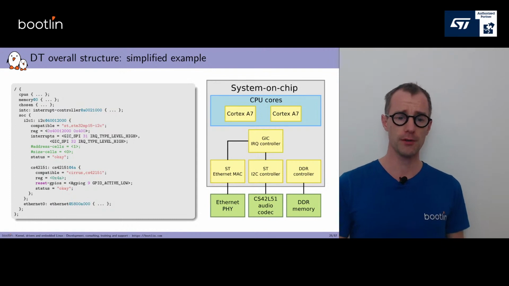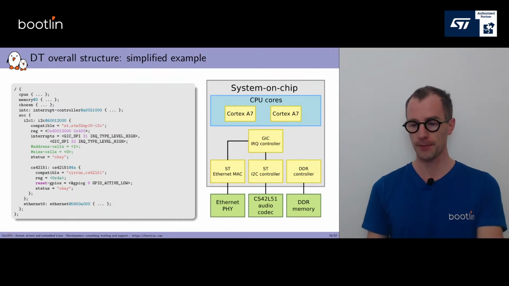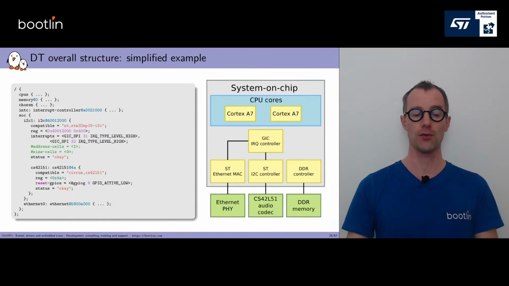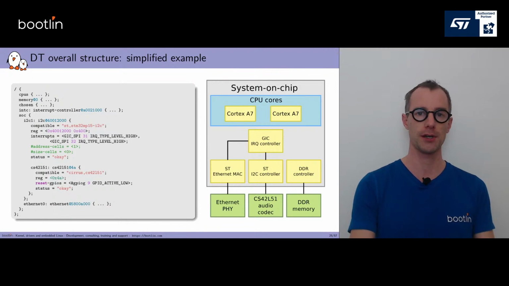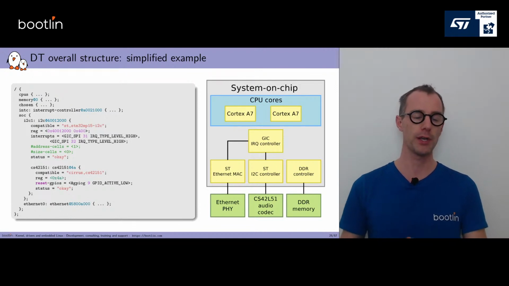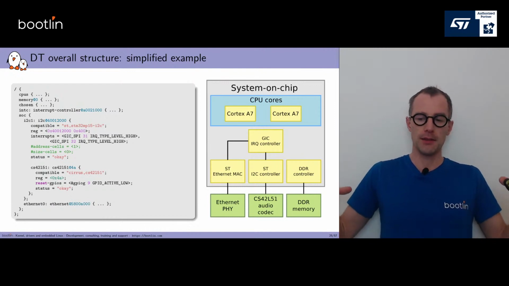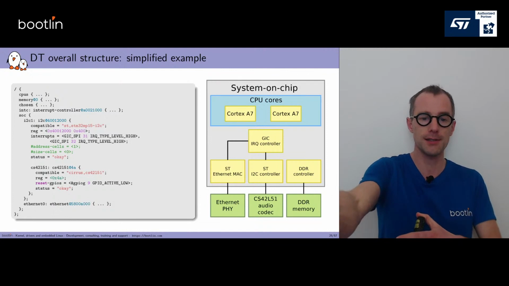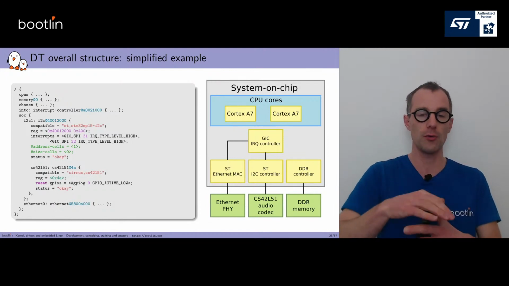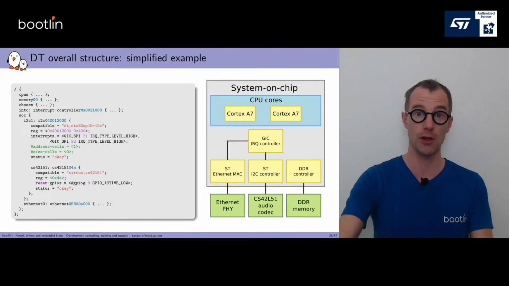What is important at this point to understand is the fact that the audio codec that is connected to this I2C controller is represented as a subnode of that I2C controller. So this is what we call the topology of the hardware. We have a main system, it has some controllers. Those controllers allow us to connect to devices that are sitting on buses controlled by those controllers, and this is all represented in the hierarchy of device tree nodes.